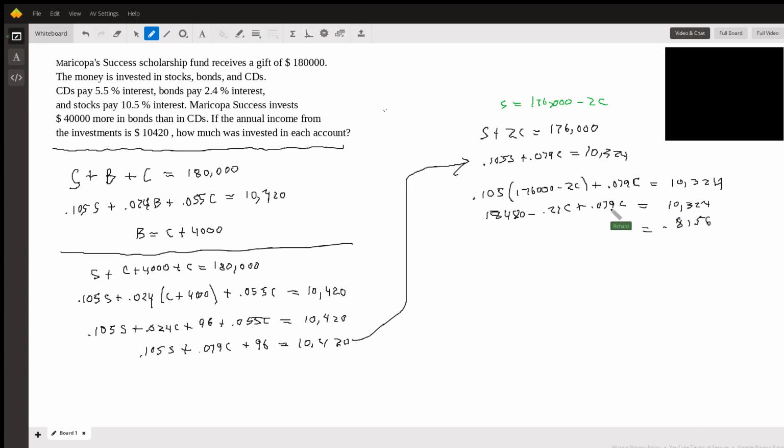And now I'm going to combine these c terms, 0.079 minus, what is that? I can't even read my own writing. I think it's 0.21. It's 0.58c.